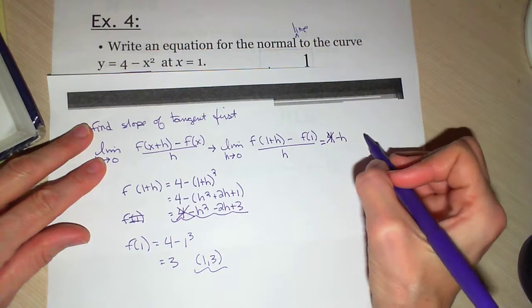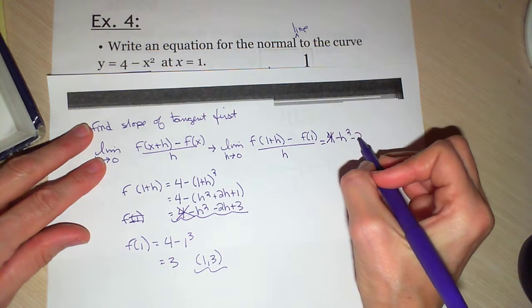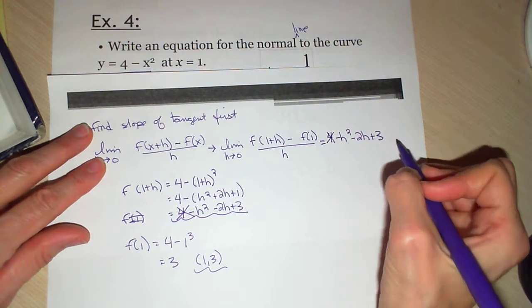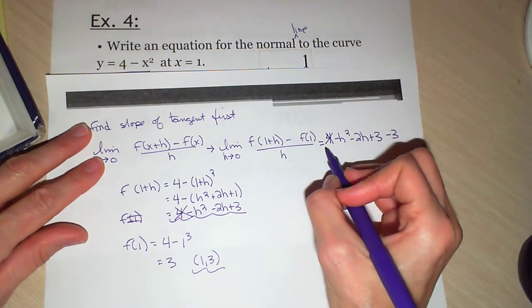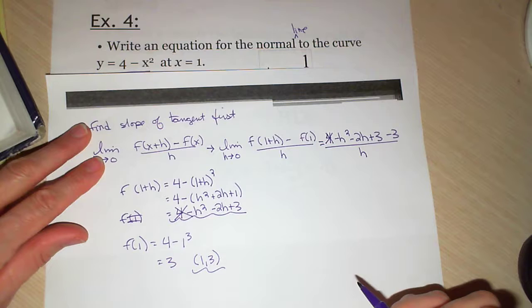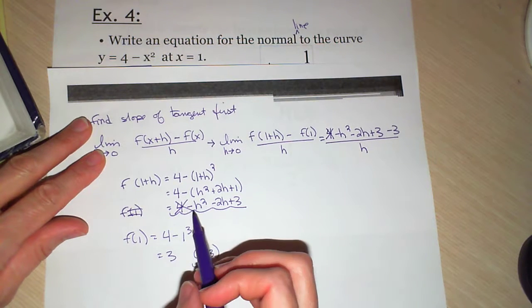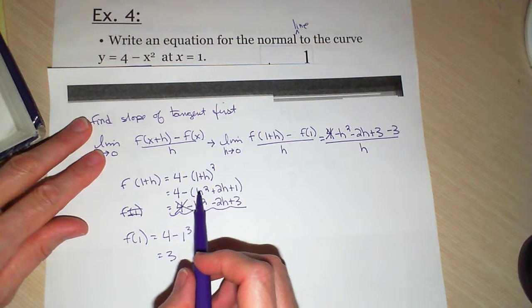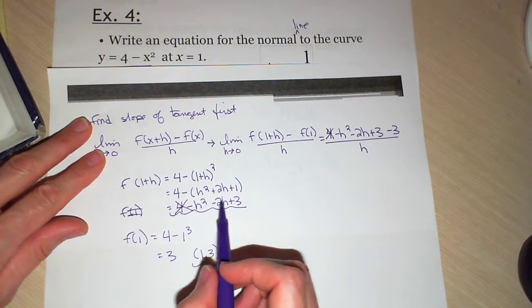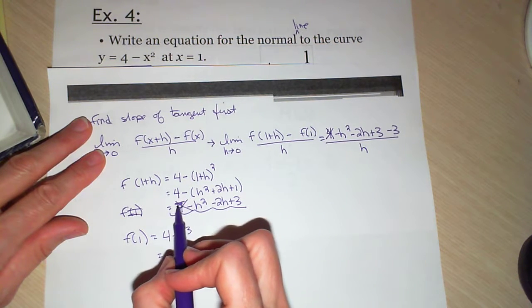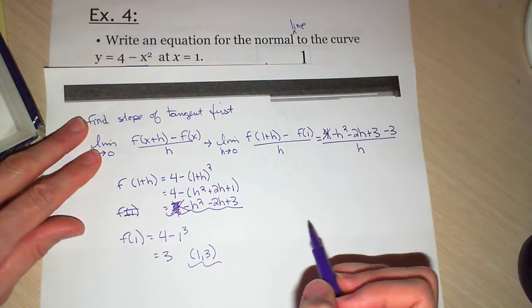And I would have negative h squared minus 2h plus 3, minus f of 1, which would be minus 3, all over h. Let me go back here and explain. I distributed the negative, and then I combined the -1 and the 4, and that's where that 3 came from, so I shouldn't have written that 4 there.